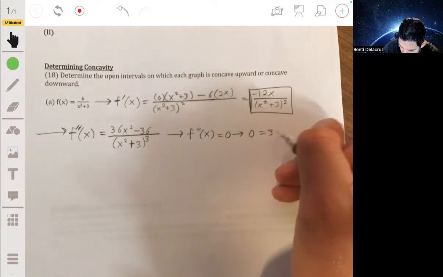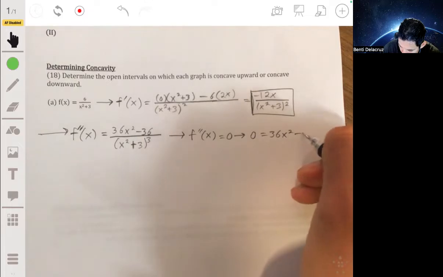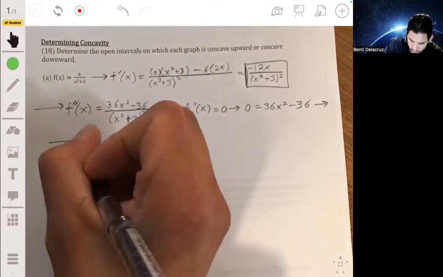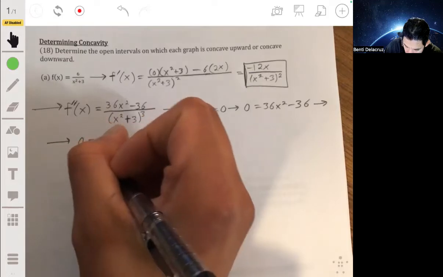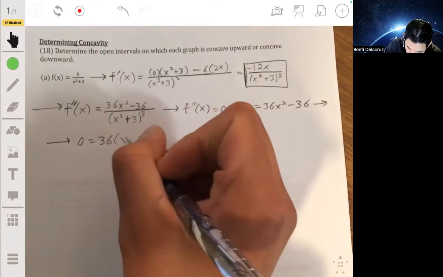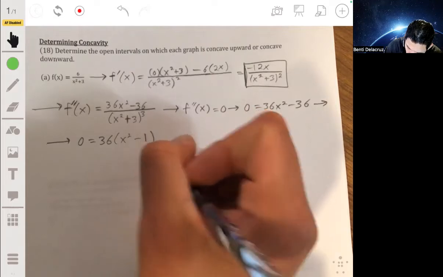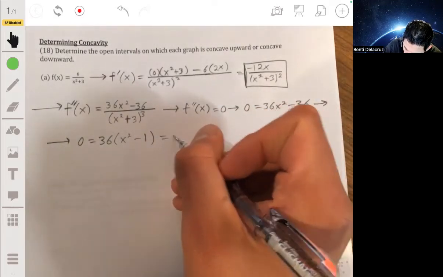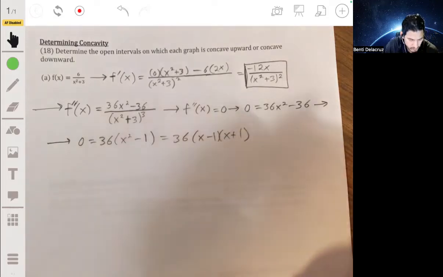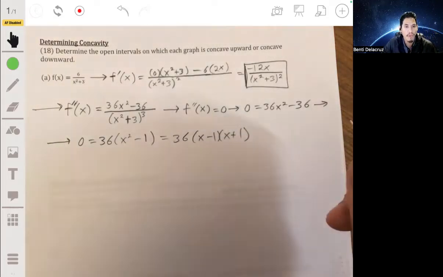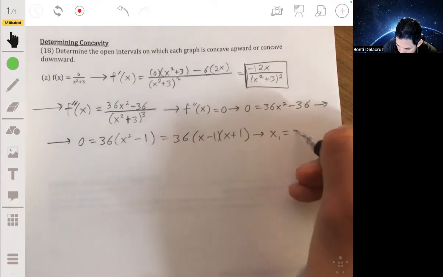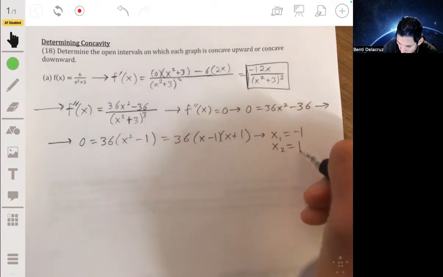So 0 equals 36x squared minus 36. Factoring out 36, 0 equals 36 times x squared minus 1, which is 36 times (x minus 1)(x plus 1). So we get points, and we want to check what's going on when x is -1 and when x is +1.